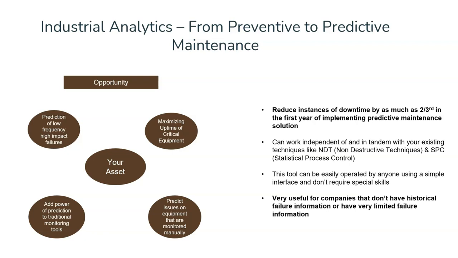Predictive maintenance is particularly useful in cases involving prediction of low frequency, high impact failures. Because in many industrial establishments, failures happen rarely, but when it happens, the impact is higher, right? That is what I mean by low frequency, high impact failures. So this predictive maintenance analytics is very helpful in determining when certain parts in an equipment will fail.